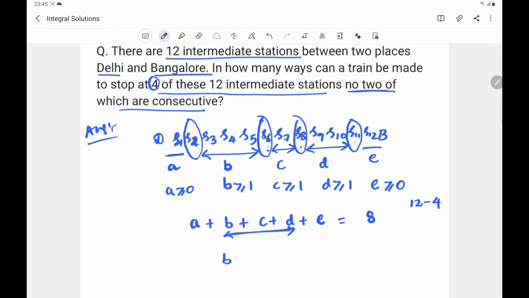So we will write this as B plus C plus D plus some K1 plus some K2, and that's 10. So there will be 9 gaps. 10 balls are placed, and we are dealing with 5 variables. So we have to select 4 gaps. So this is the final answer.